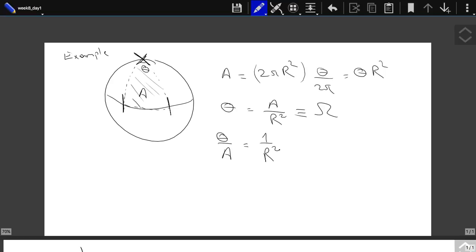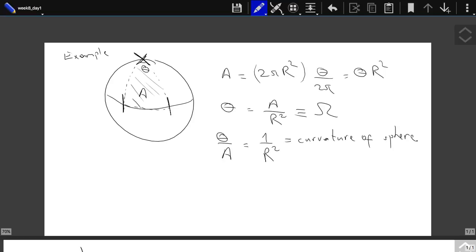Did any one of you take general relativity or differential geometry? Well, this 1 over r squared is nothing but the curvature of this sphere. In general relativity, this is basically how you define the curvature of space.